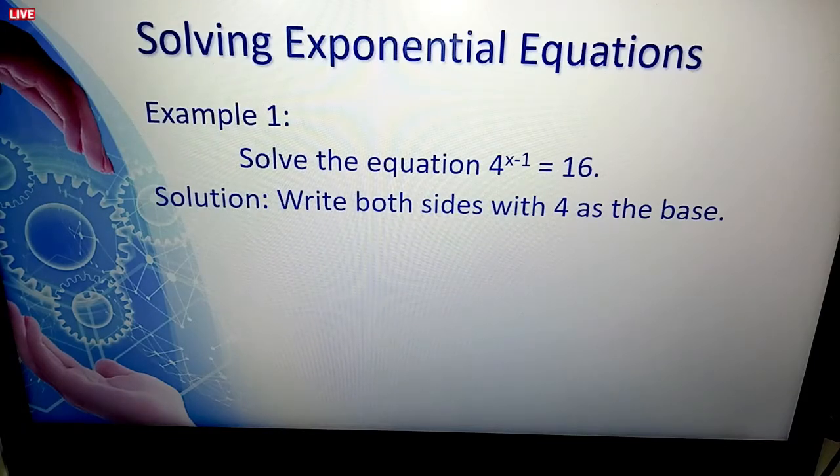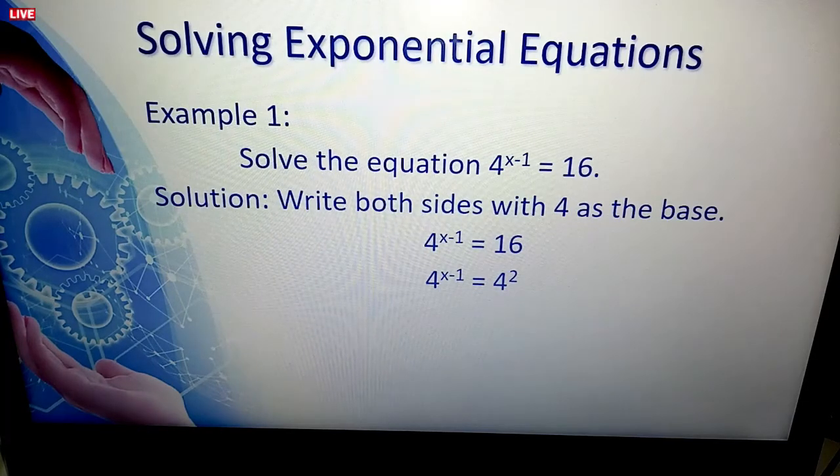Since the left side has base 4, on the other side you can also write 16 with base 4 and exponent 2. Remember, 16 is the result of 4 raised to 2.